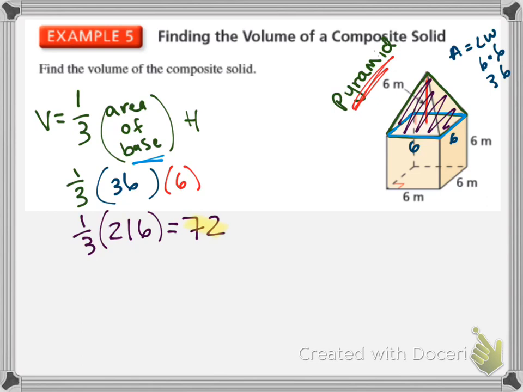So the bottom is a cube by definition, but a cube is a type of rectangular prism. It's a prism. So the volume of a prism is the area of the base times the height of the object.